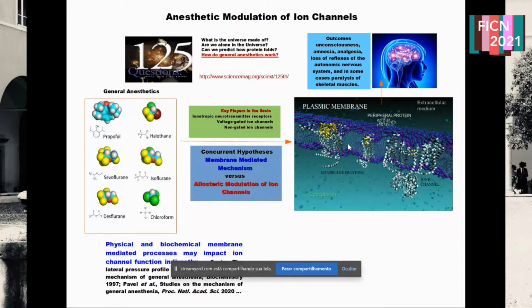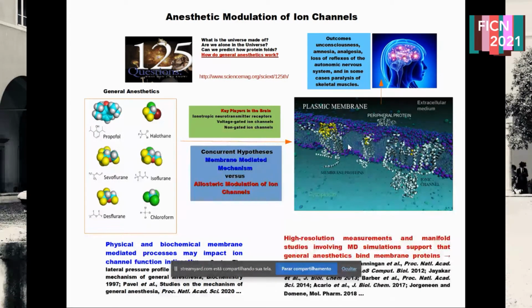As an alternative to that possibility, another important set of studies, including structural studies relying on crystallization or MD simulations, points to another possibility in which the ligand is expected to bind the ion channel directly.